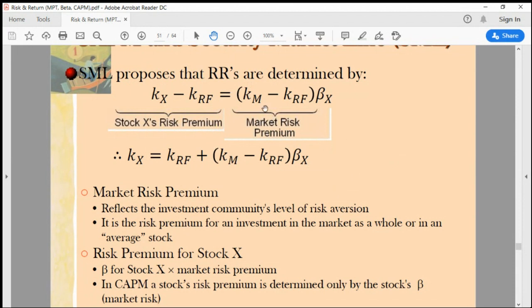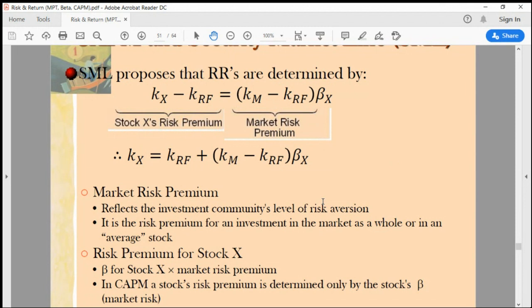And Y equals X times beta. That means what? If Apple's beta is 3, Apple's risk premium will be 3 times the market's risk premium, right? Doesn't that make sense? If Apple's beta is 3, Apple is 3 times as volatile as the market.